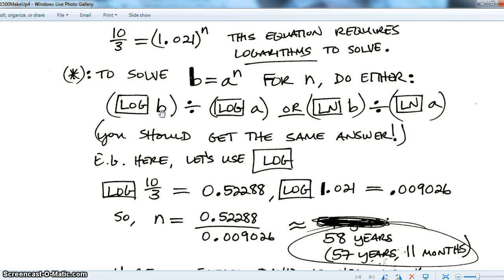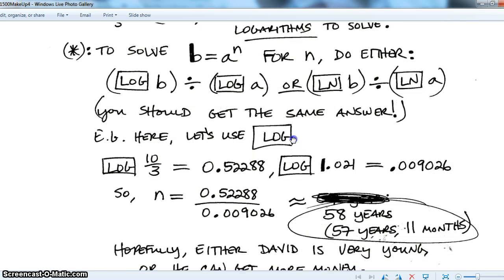If you're using a TI-30XA or 83, you can do log, parentheses, b. If you have some other kind of calculator, you can enter b and then hit the log button, and it'll tell you the value of log b. And then you divide that by log a. So the expression literally is log b divided by log a, or ln b divided by ln a.